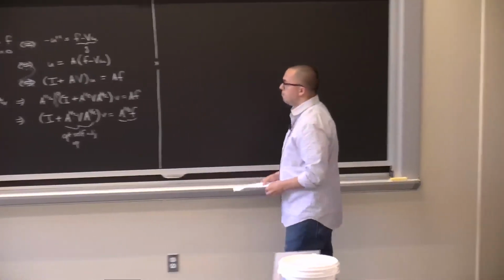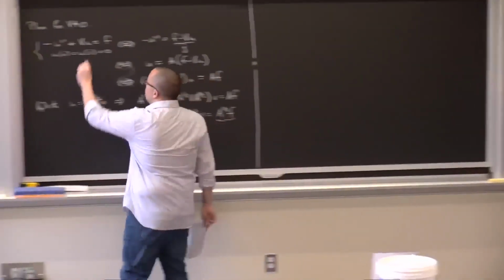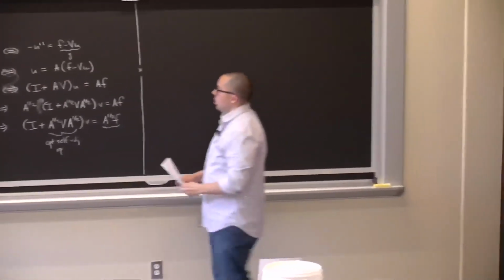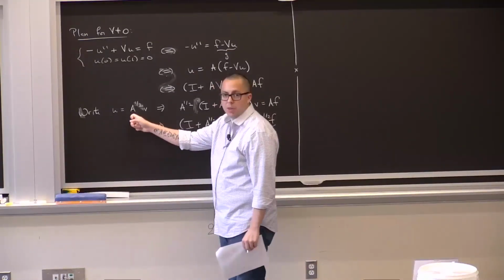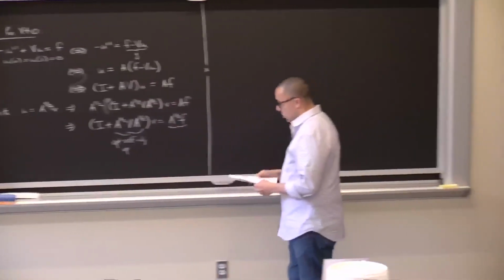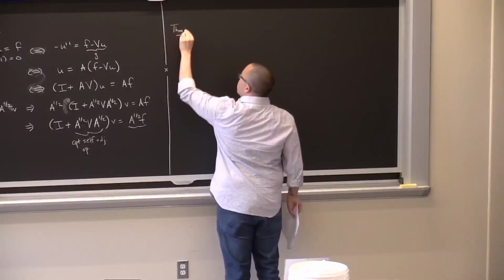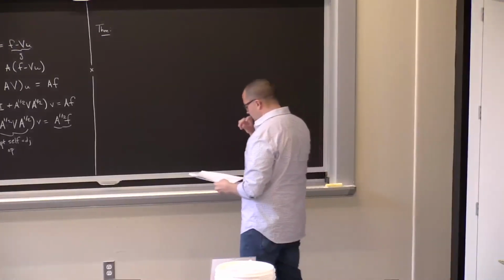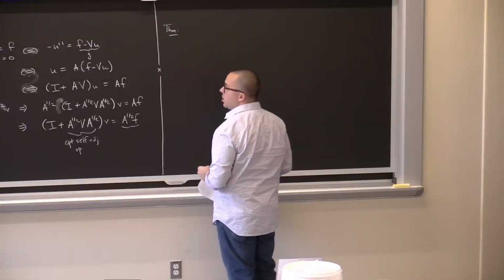Now to get this plan off the ground, we need to show that we can come up with such a compact self-adjoint operator whose square gives me A. As a first step in this direction, we are going to compute the spectrum of the operator A, which again is the inverse of this Dirichlet problem.